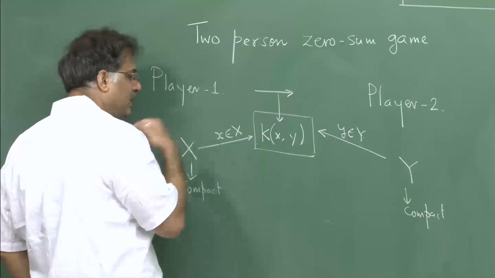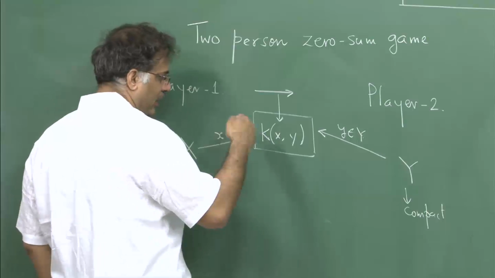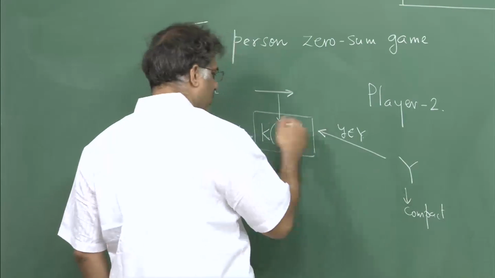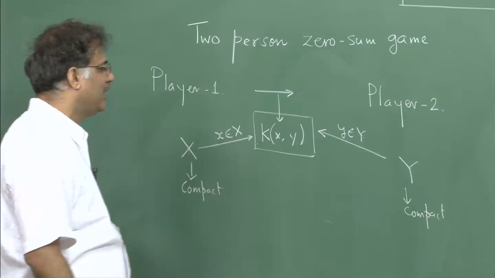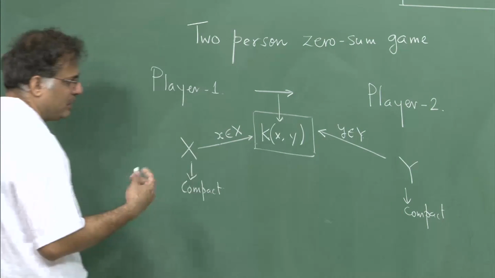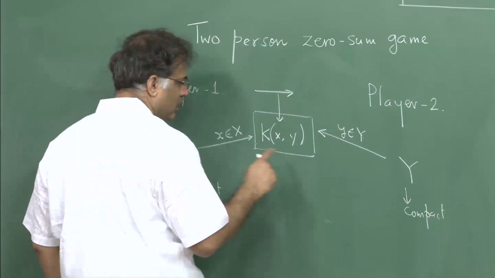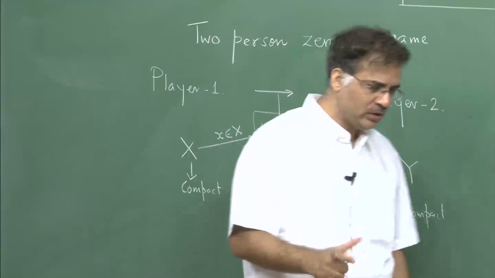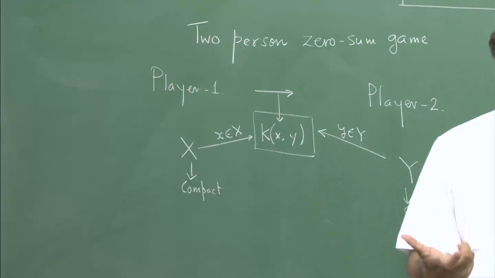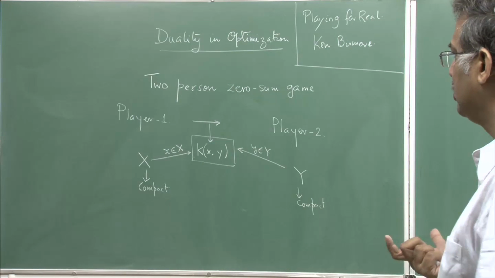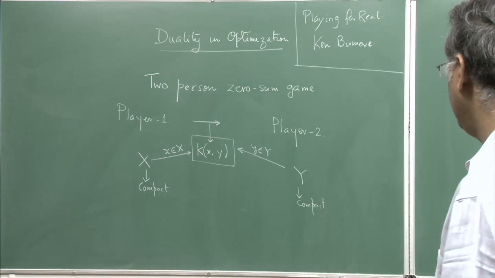When he is receiving money, it is negative for him. Rather, because player 2 receives the money, it is positive for player 2, and if player 2 gives away money it is negative for him. So, every time a certain amount is given, whatever is his gain is his loss. So, the total gain of the players is actually 0. That is why it is called a zero sum game.